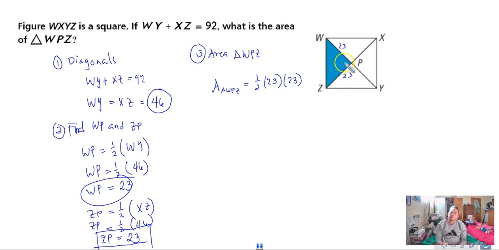Why? Because this is already 90 degrees, guys. So the height is 23, and the base is also 23, which gives the area of triangle WPZ equal to 264.5 square units. So the area is approximately 265 square units.